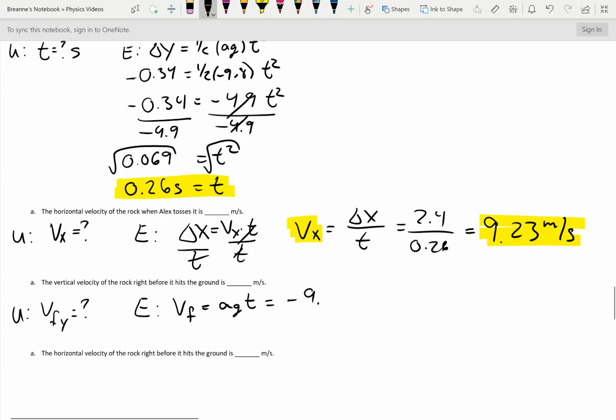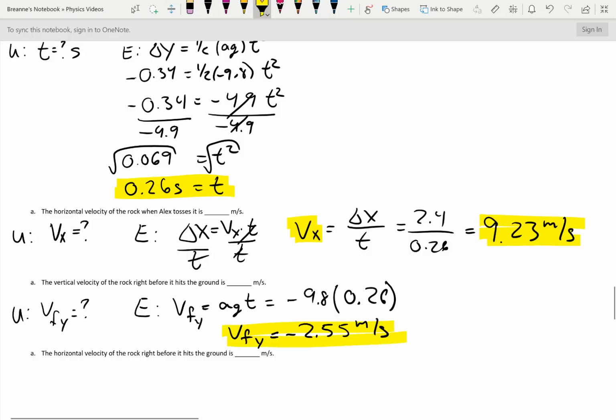AG is just negative 9.8, and our time is 0.26. Plug that into the calculator, 9.8 times 0.26, and you get negative 2.55 meters per second. That is your final velocity in the y.